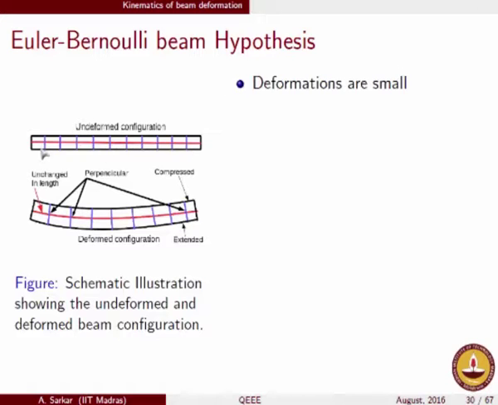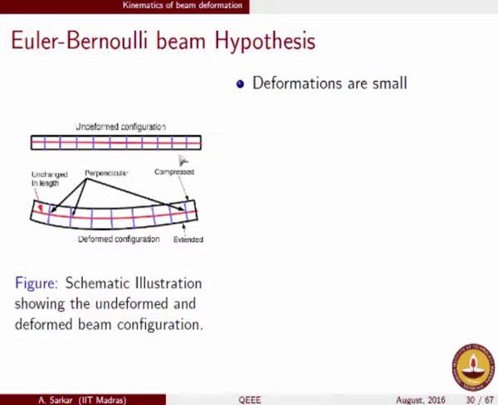So if we simply draw a grid of lines in this beam as I have shown in this configuration, let's say the beam before it was loaded, we draw some lines in this fashion. These are a rectangular grid of lines, they are perpendicular.